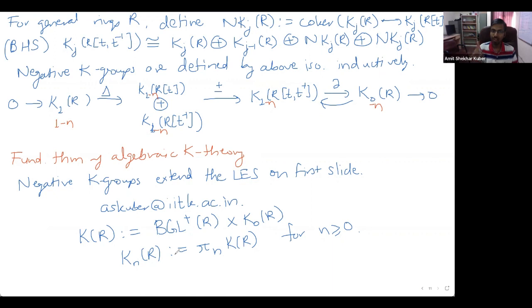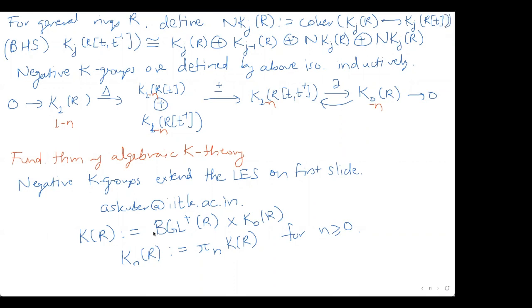The major work was in defining this BGL R plus, because K1 and K2 were already in existence. So there was a lot of expectation from the mathematical community that it should match for 3 terms.